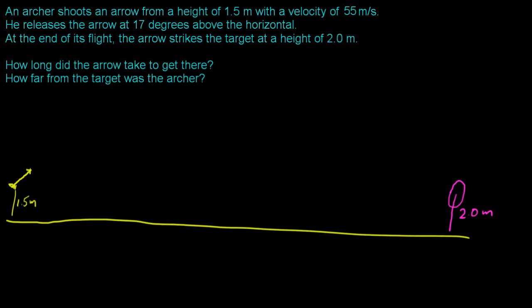We know that it's fired with a velocity of 55 meters per second, at an angle of 17 degrees above the horizontal. So that means we've got a vector, and I probably should have drawn this better, but we've got a 55 meters per second vector that makes a 17-degree angle here.